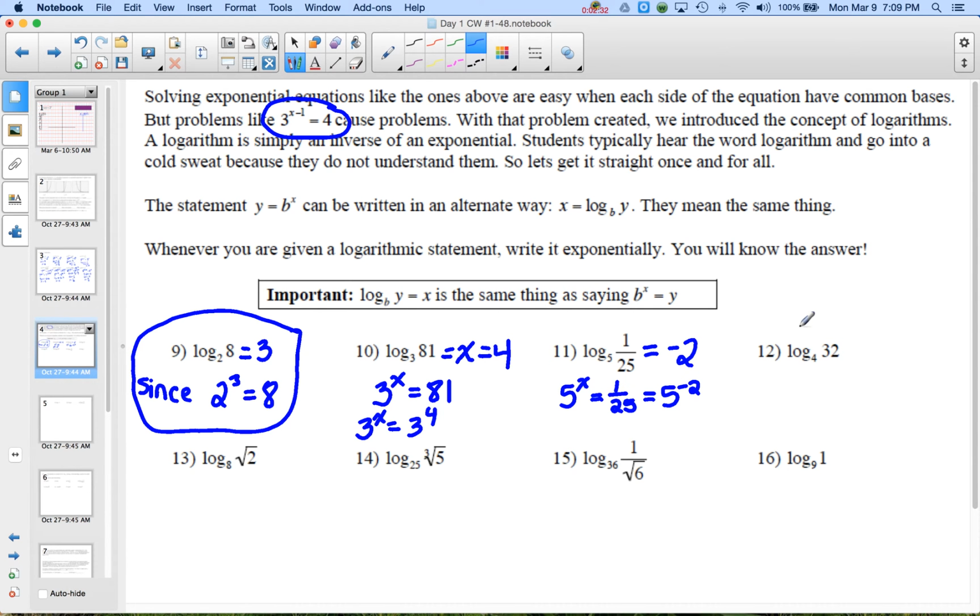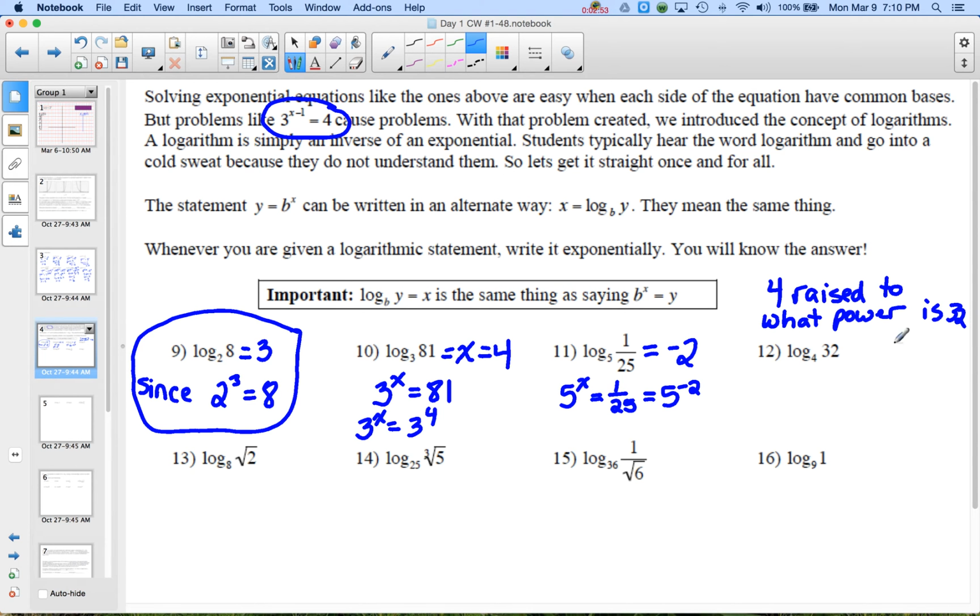This next one, and again, I'm saying it, but let me just make sure I point this out to you. Think about this as 4 raised to what power is 32.